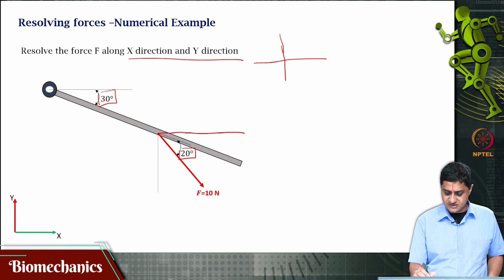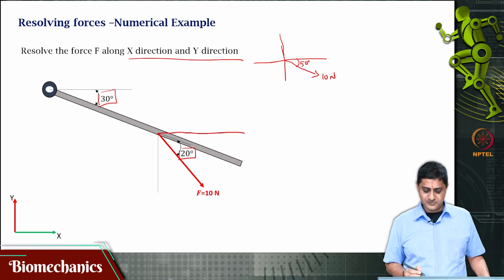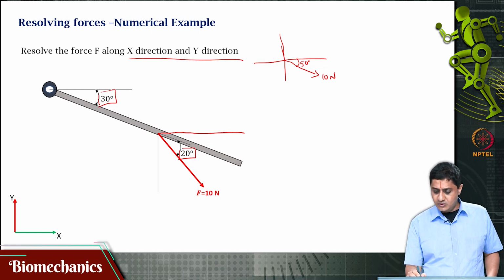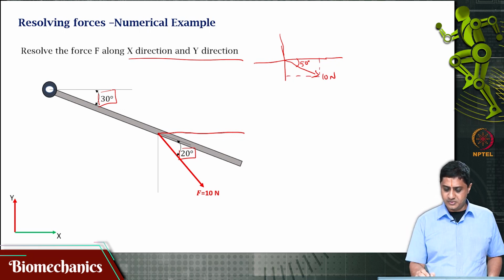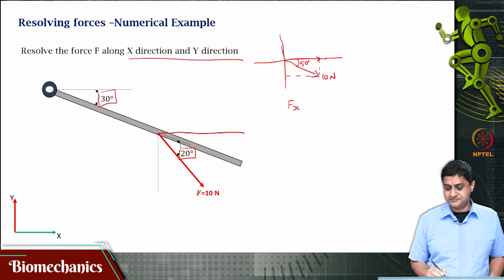That is the xy axis, for example, and this force, with a value of 10 newtons, is acting at an angle of 50 degrees from the horizontal. Now, I am interested in finding its x component and y component. What is Fx? Fx is the component of this force along the x direction.